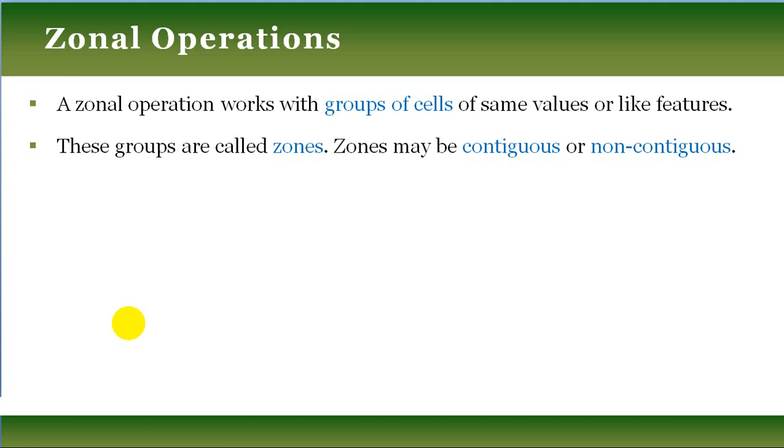If you consider soil mapping, the soil type zone is the typical example of a contiguous zone. If you see a land use map, you can see somewhere agricultural land is there, and in a different location also agricultural land is there.